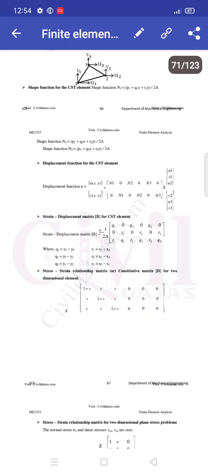So the strain displacement matrix B is equal to 1 by 2A, q1 0, q2 0, q3 0, 0 r1, 0 r2, 0 r3, then r1 q1, r2 q2, r3 q3.